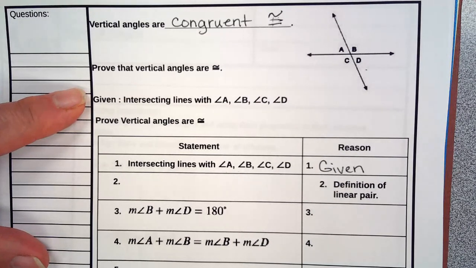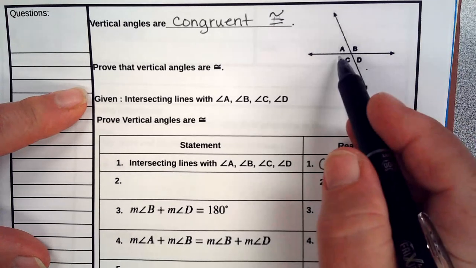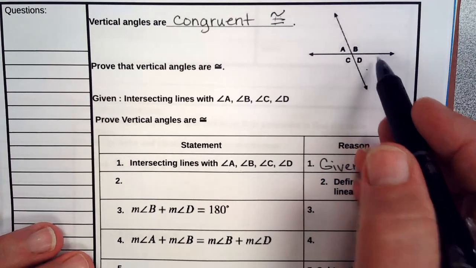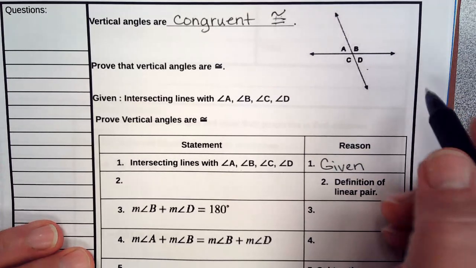Okay, what is the definition of a linear pair? Well, they add up to 180 degrees. They form that line. So if I'm looking at angles A and B, I know that their measures will form a straight line.